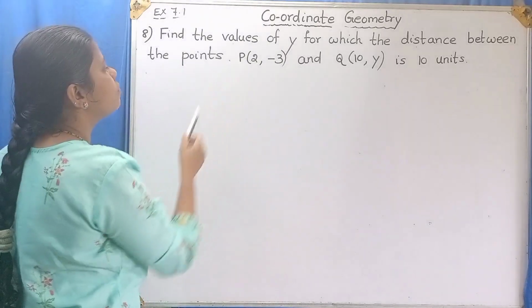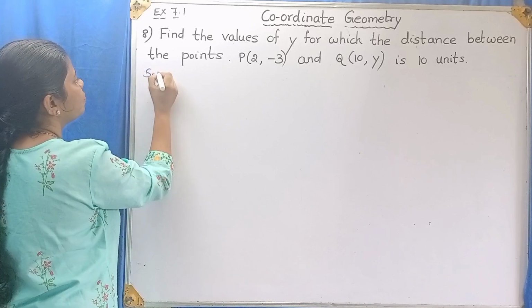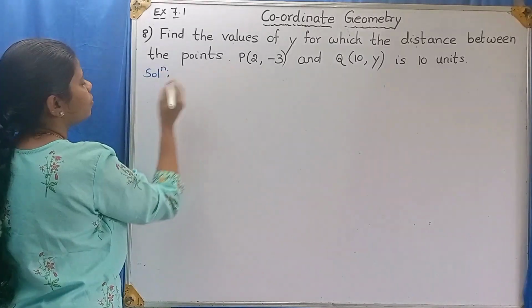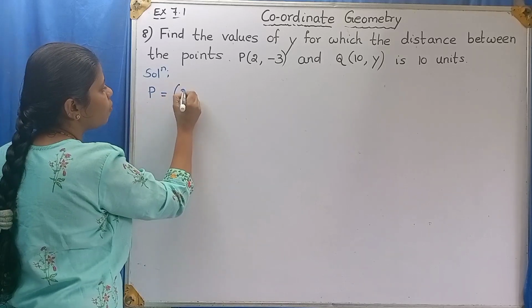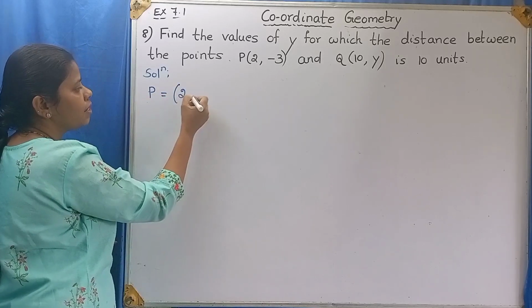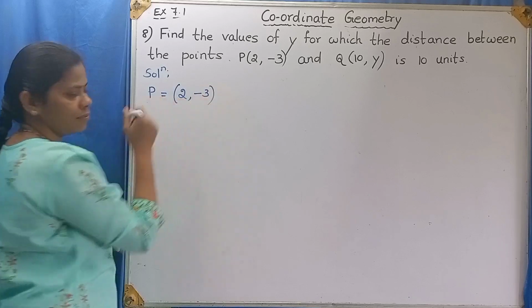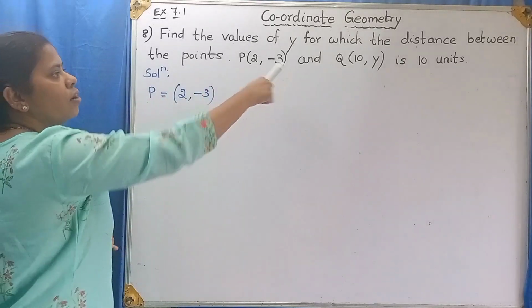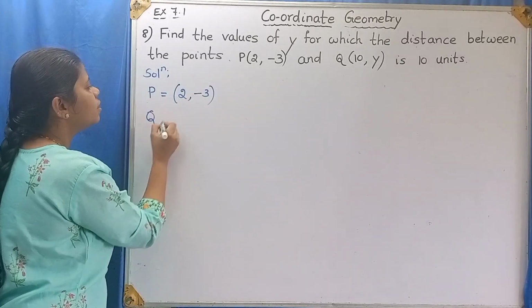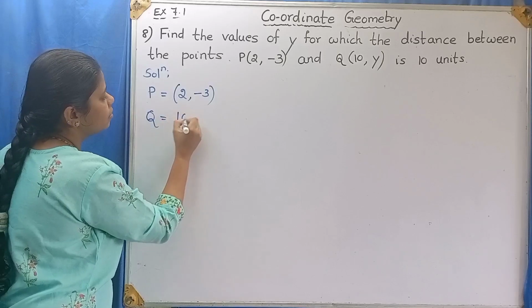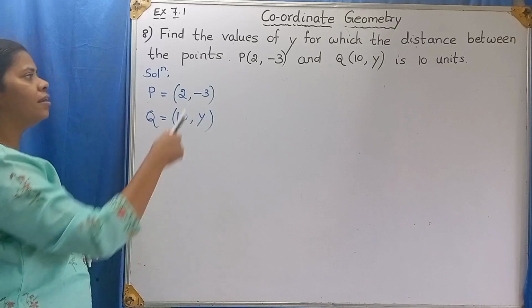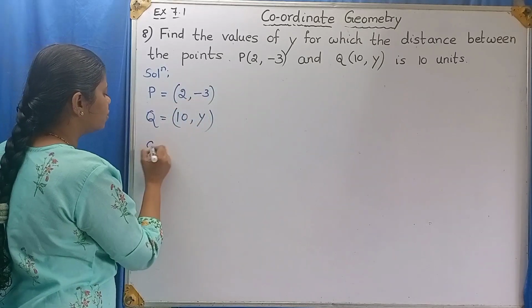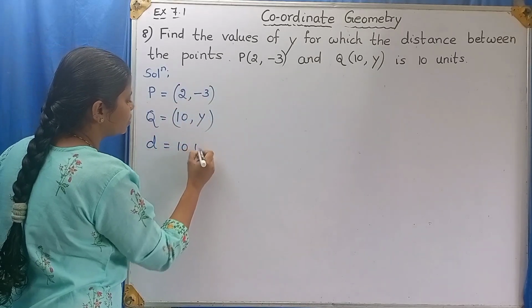Now, what is given in the problem? Solution. What is given? The coordinates of the point P are (2, -3). And the coordinates of the point Q are (10, y). And the distance between these two points is 10 units.